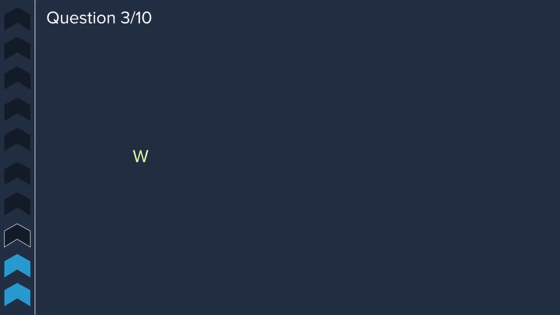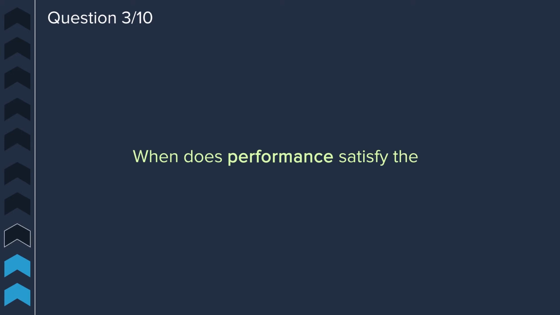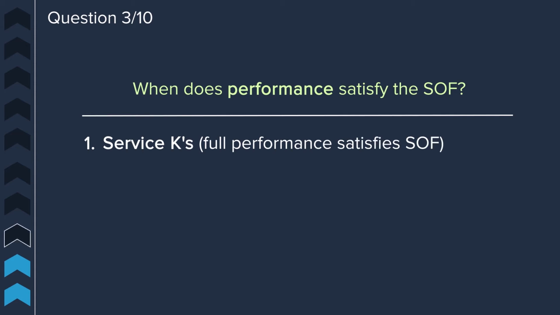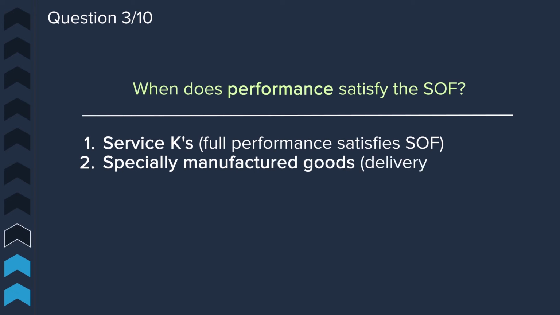Question 3. When does performance satisfy the Statute of Frauds? Performance satisfies the Statute of Frauds only for certain types of contracts. This includes, first, service contracts, where only full performance satisfies the Statute of Frauds. 2, for specially manufactured goods, for which delivery satisfies the Statute of Frauds.